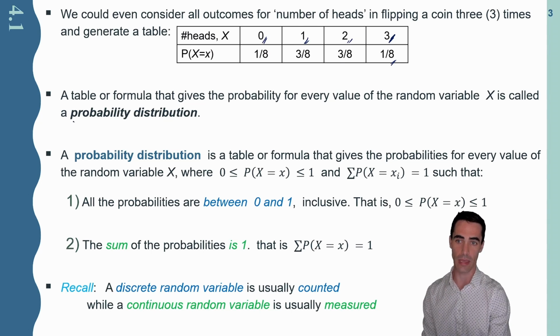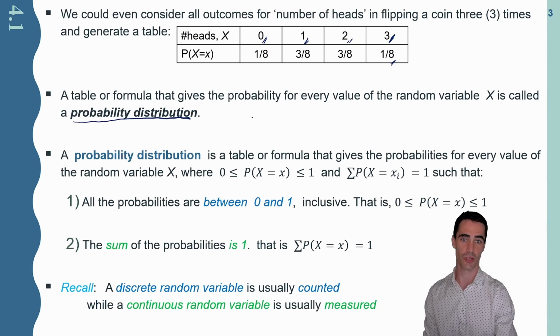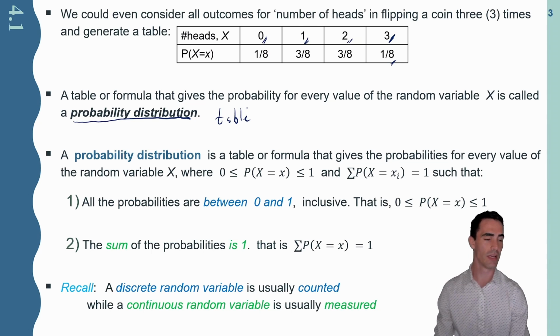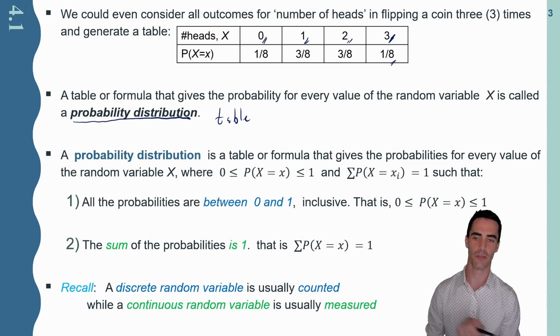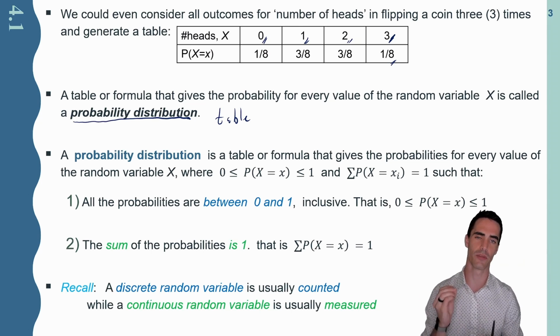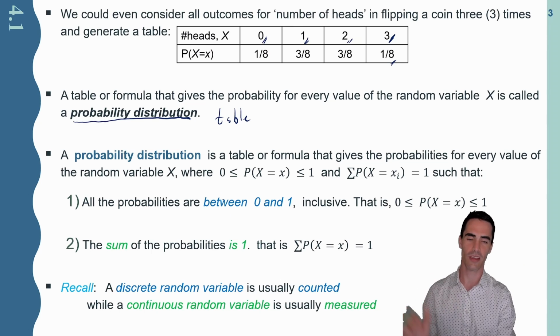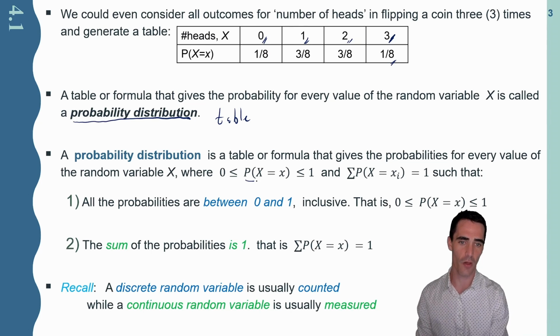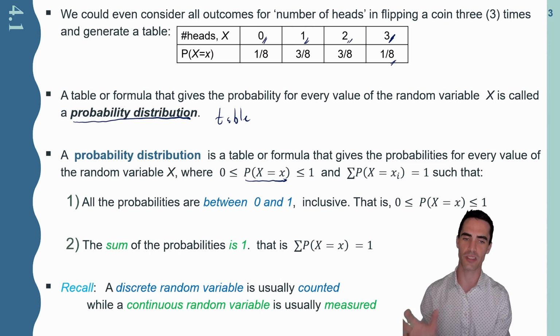This we'll call a probability distribution, or as I like to call them, these table distributions, because it's a table of different probabilities. Now, there's actually 2 very important properties that these tables possess. Here they are. The first one is just that all the probability of x equals little x is always between 0 and 1.